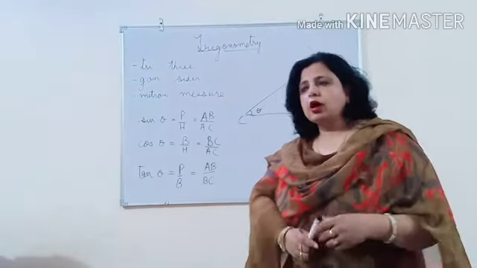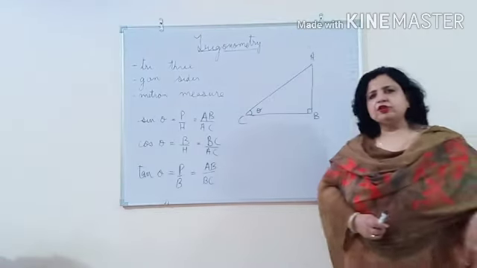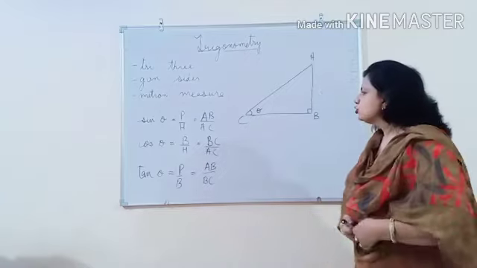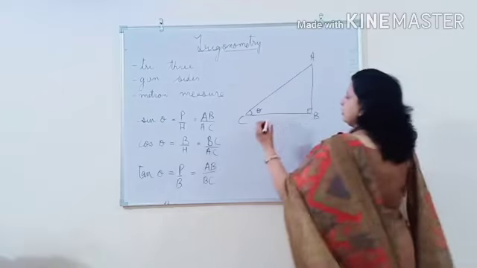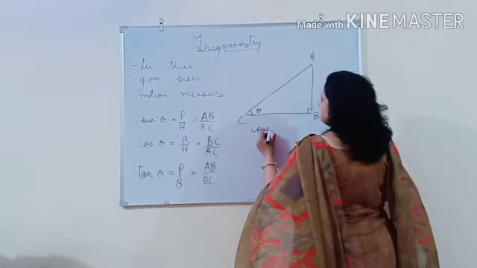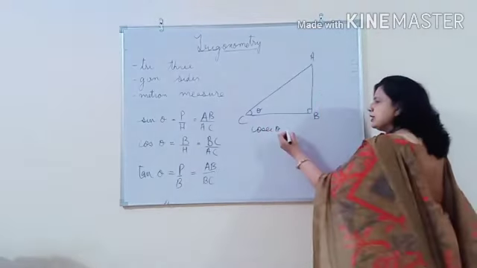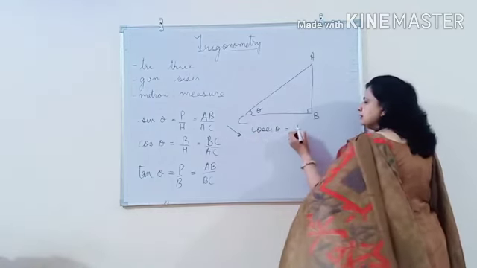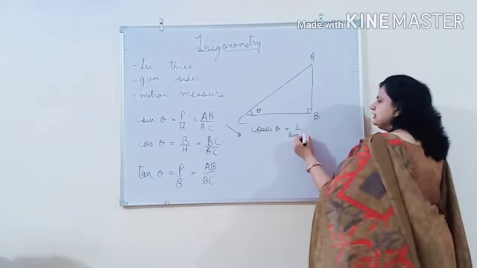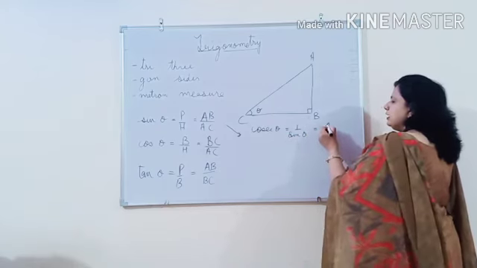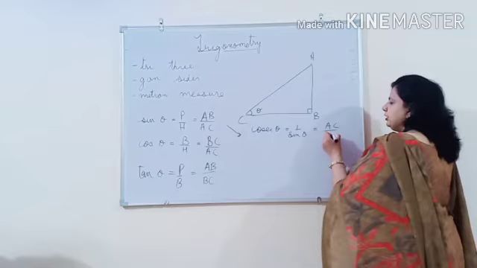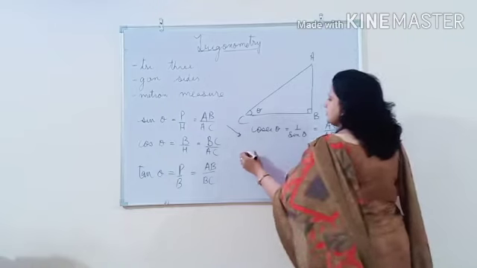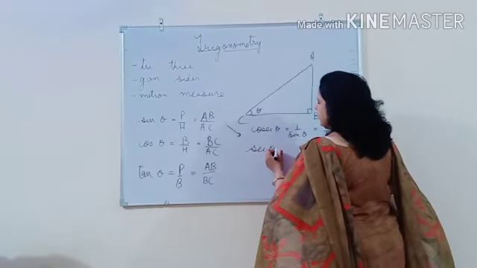Now, apart from these three trigonometric ratios, we have three more trigonometric ratios. Cosec theta is nothing but the inverse of sine theta, 1 upon sine theta, and this will be AC upon AB. Then we have secant theta, or sec theta.